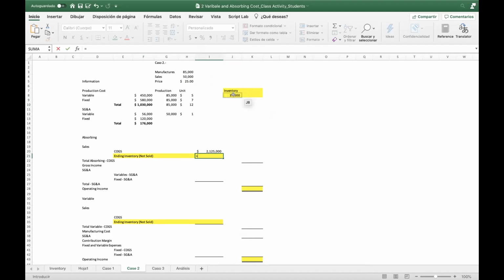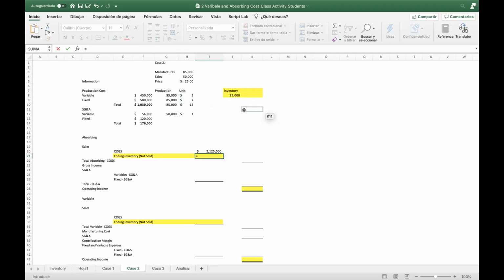No, wait. Why 25? Because that's the cost. It would be per unit, right? Yes, but which one? The 12. Because it's the absorbing.